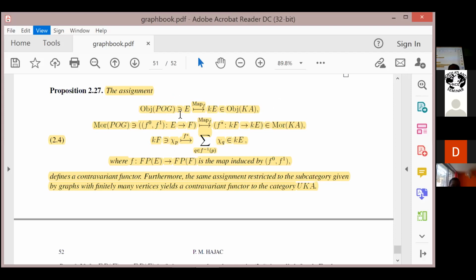I just restrict my objects to graphs with finitely many vertices. Then this assignment obviously lands me always in unital algebras over K. I denote the category of unital algebras over K as nu Ka, and now I have a contravariant functor into this category. But now, mind you, morphisms in this category are not just algebra homomorphisms, they are unital algebra homomorphisms. So I also have to prove that this F star preserves a unit. Okay, so now let's go to the whiteboard and explain the proof.